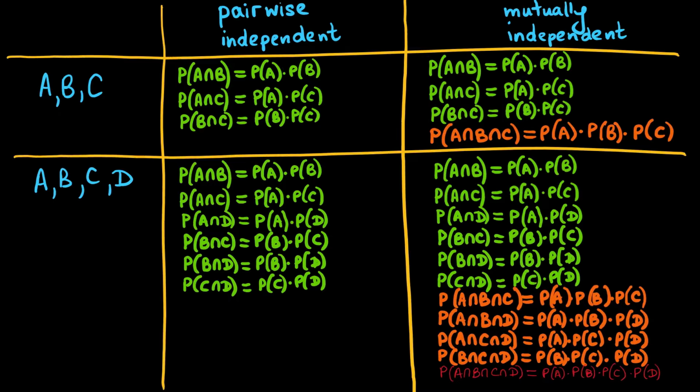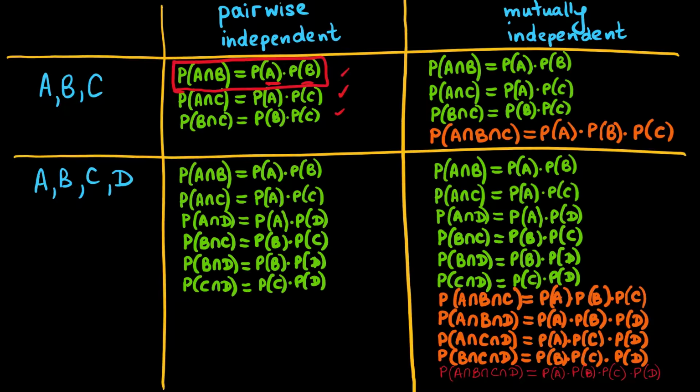If sets A, B, and C are pairwise independent, that means that every pair of them is independent. So A and B must be independent, and we know what that means. That means the probability of their intersection must factor this way. Same for A and C, B and C, right? Those are all the pairs we can form with three sets.